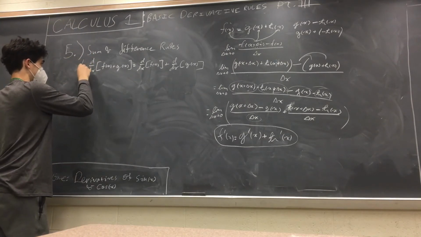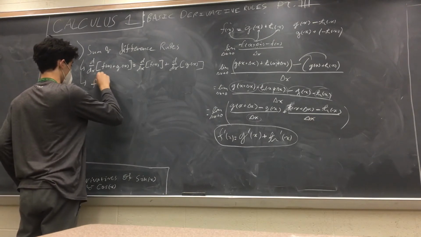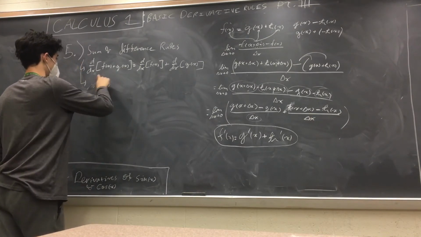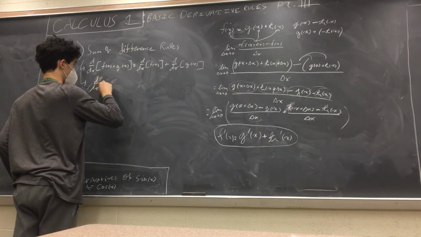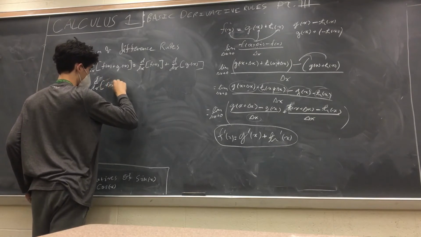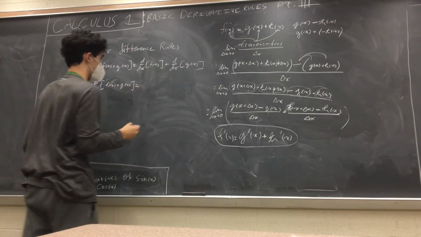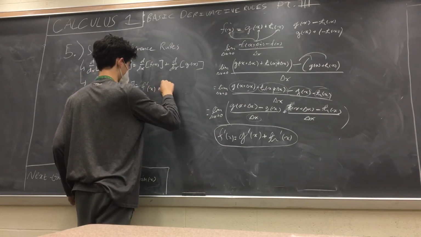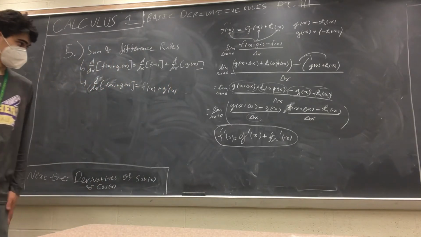Or, to write it in a cleaner manner, the derivative of f of x plus g of x is equal to f prime of x plus g prime of x.